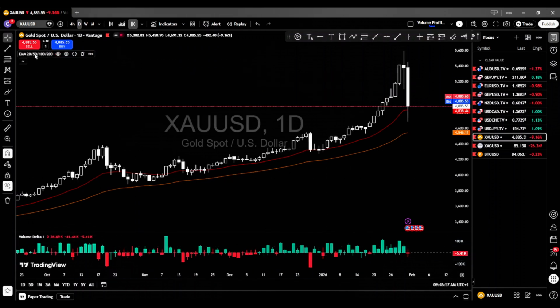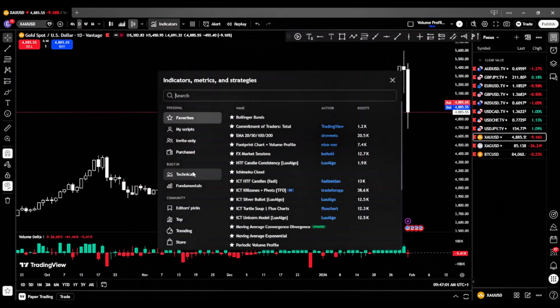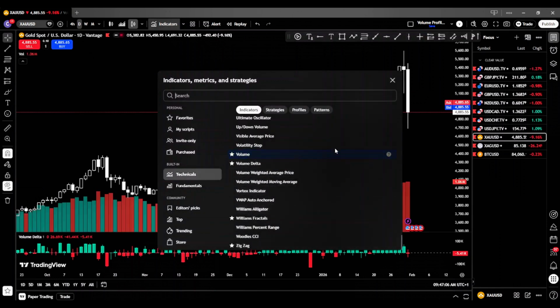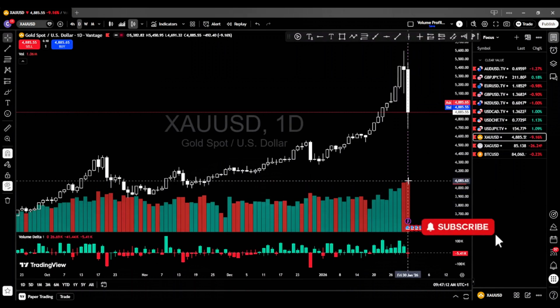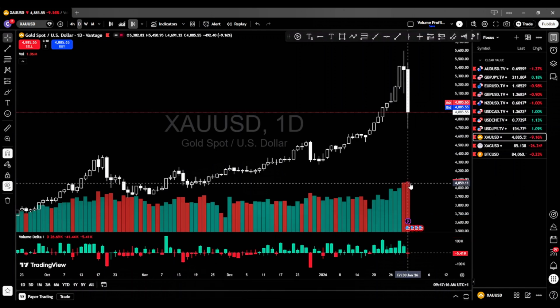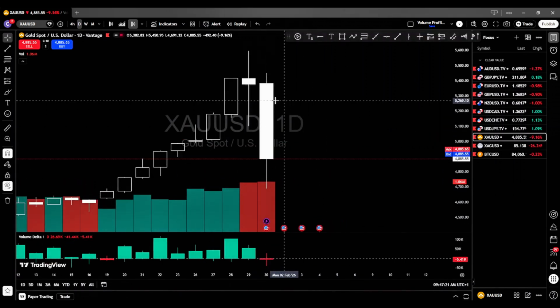If you compare this against the normal volume indicator, it does all of that, but it just sums up everything and gives it to you based on the close of the candle. So for example, you can see how huge this volume is. Yes, there's a lot of trading that went on here, but let me zoom in better. All the trading that went on yesterday was not all bearish. That's the fact.